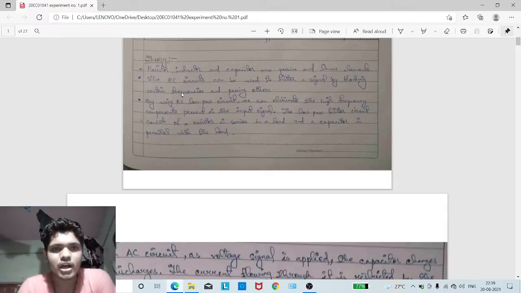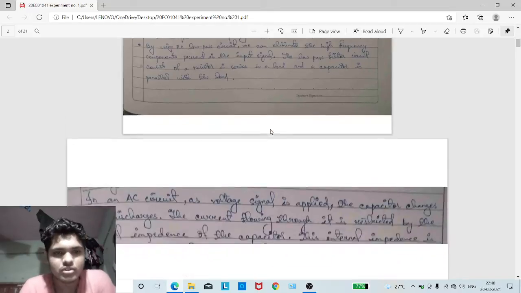By RC low pass circuits, we can eliminate the high frequency of the input signals. A low pass filter consists of a resistor which is in series with the load, and a capacitor which is parallel to the load.